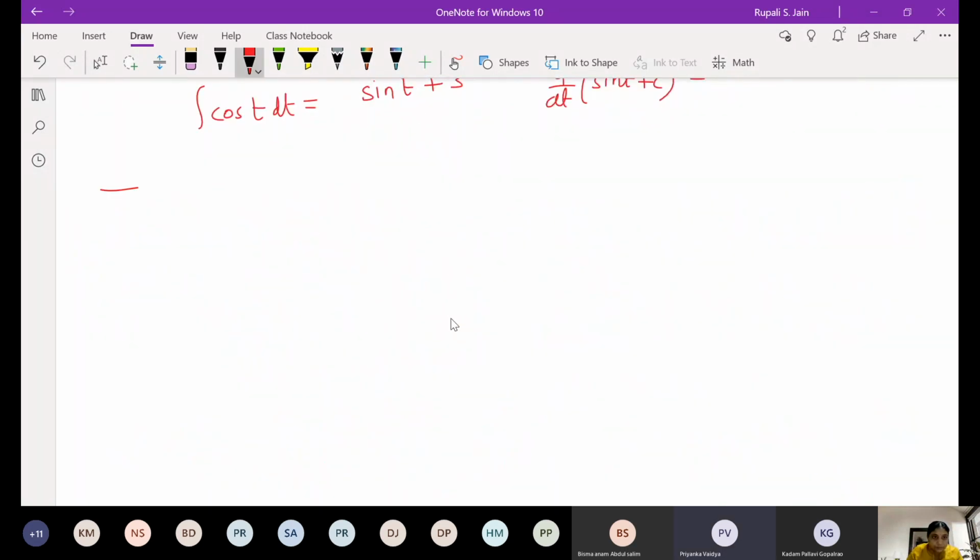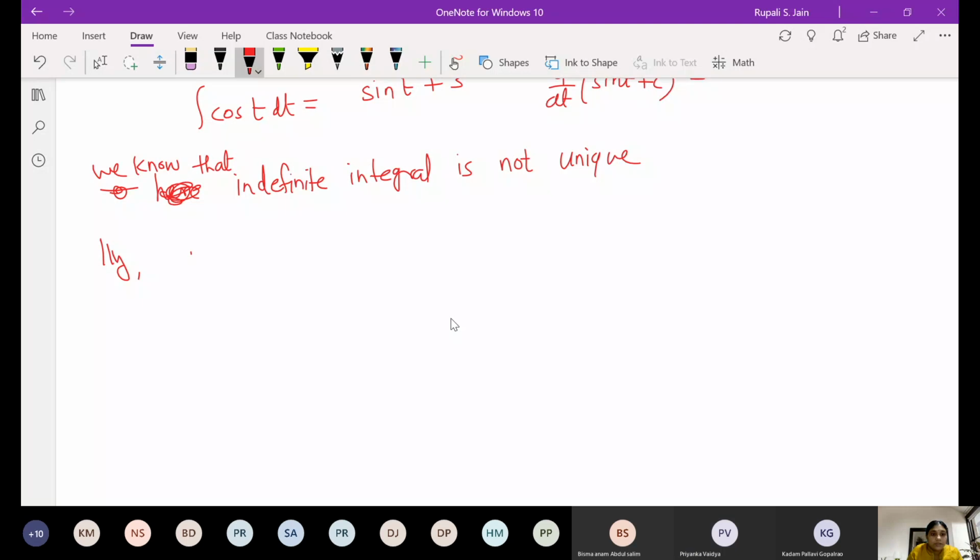Here the indefinite integral is not unique, we know that. Similarly, the indefinite sum is also not unique.